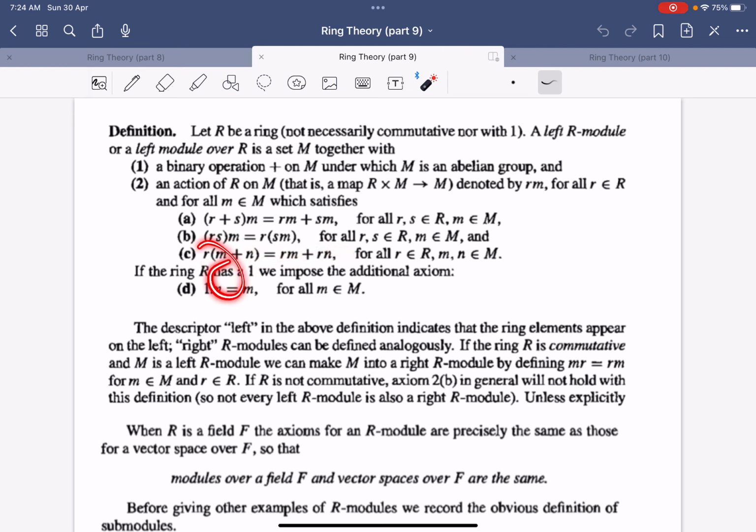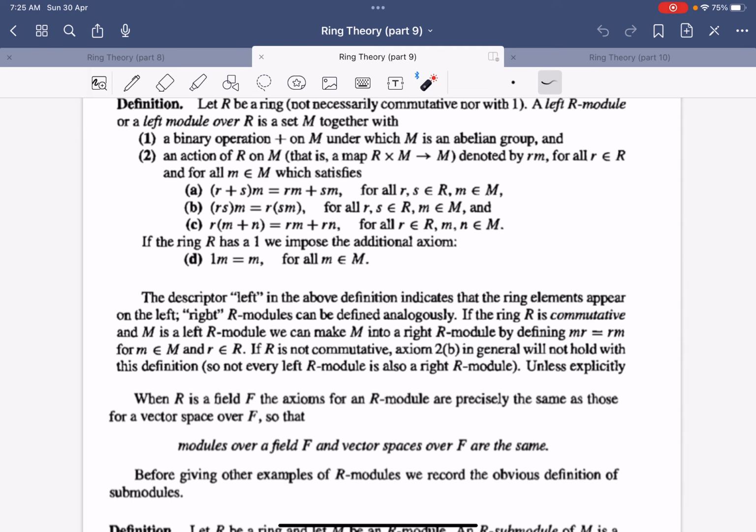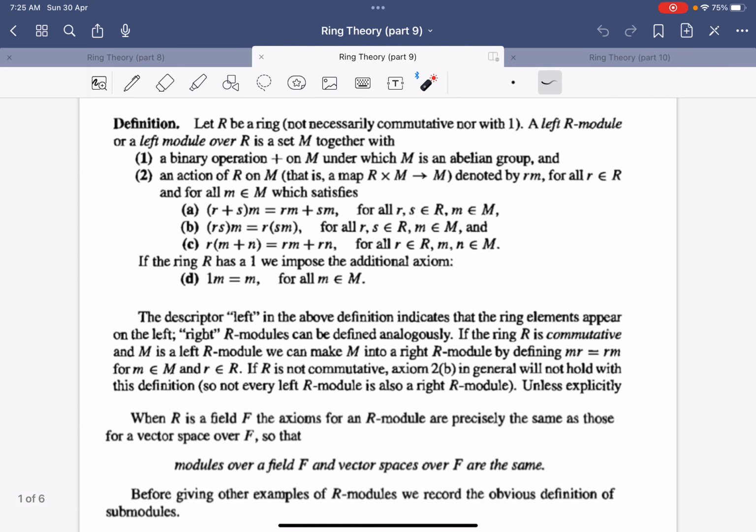And then if the ring has 1, we impose the additional condition that 1 sends M to M. So you can define a right R module analogously, and if the ring is commutative, then of course the left and right are the same.